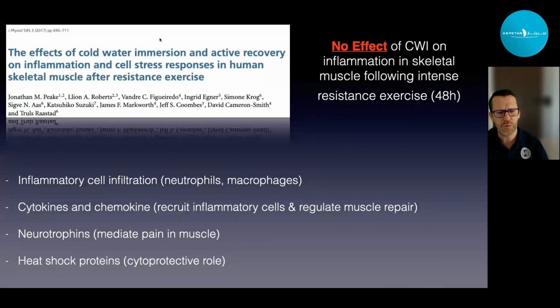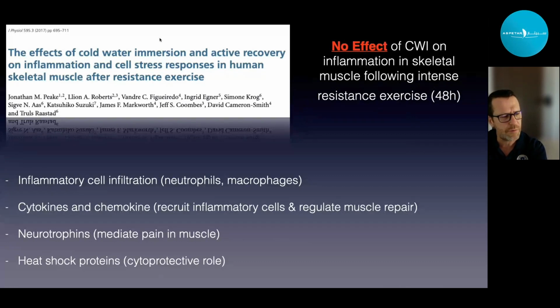What about inflammation? Well, many clinicians in the forum this morning will be aware that certainly over the years and decades now there's been a lot of discussion around cooling, and one of the key mechanisms that it's purported to influence is inflammation.